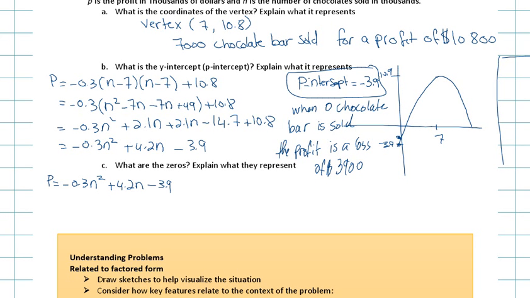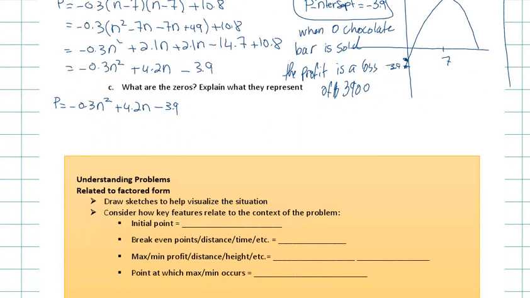Okay. So we're trying to factor. So let's look at this. So the greatest common factor is negative 0.3. Okay. So I can divide each term by negative 0.3.